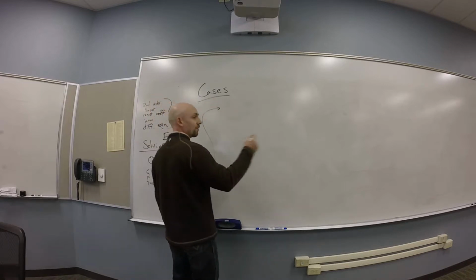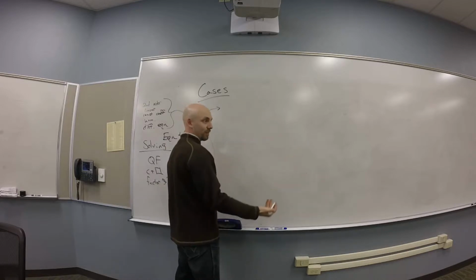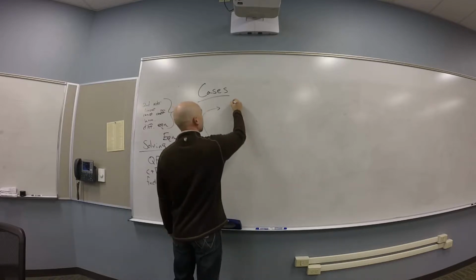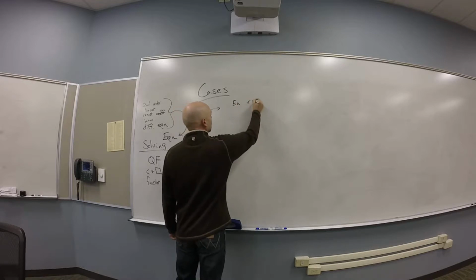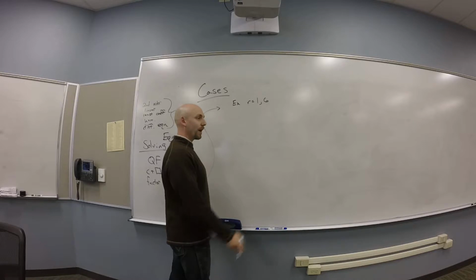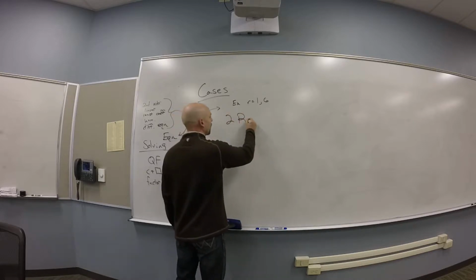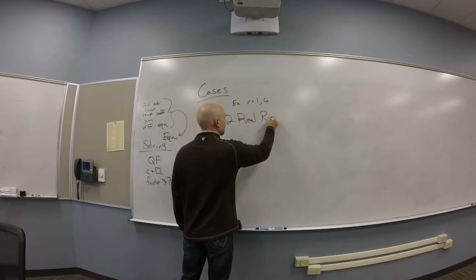So one of the options is you get like 1 and 6. You get like R is 1 and 6. They're different. You just go ahead, plug them in. So this would be 2 real roots.